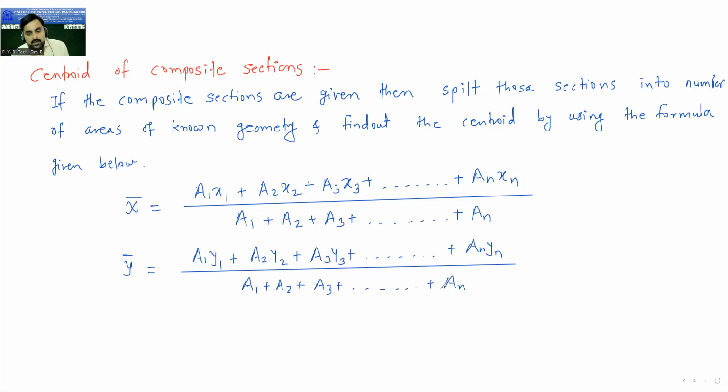So this is the formula of the centroid x bar and y bar for the composite figures. Okay, so in the next lecture we will see the numericals on this composite section.